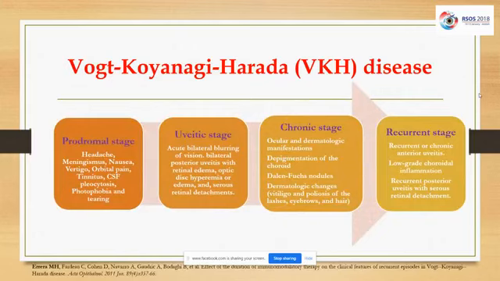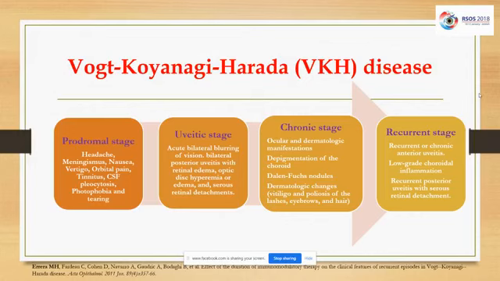The disease has some stages. The prodromal stage has headache, meningismus, nausea, vertigo, orbital pain, tinnitus, cerebrospinal fluid pleocytosis, photophobia and tearing. The uveitic stage has acute bilateral blurring of vision, bilateral posterior uveitis with retinal edema, optic disc hyperemia or edema, and serous retinal detachments.